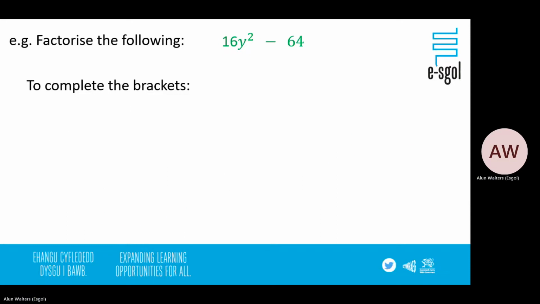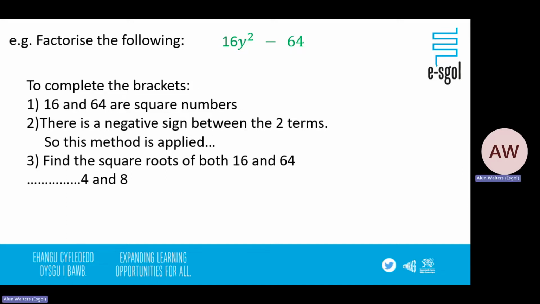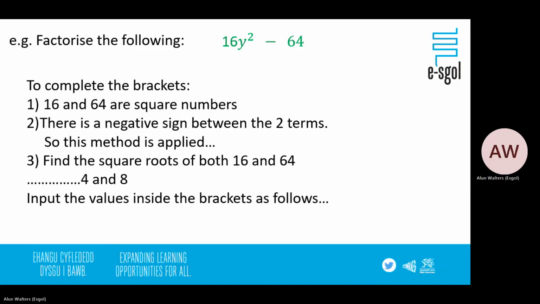So, oh, there's another one. Square root of 16 is 4, square root of 64 is 8. There's a negative sign between them. So then what you do is put them into brackets as 4y at the beginning and then plus and minus 8.